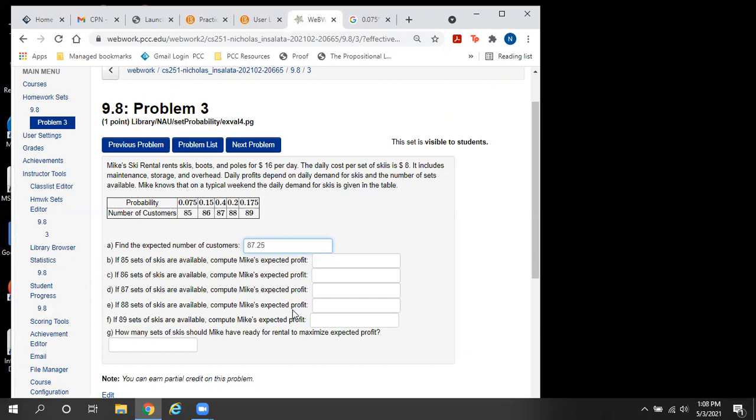But just in English, if Mike has 85 sets of skis available, how many of them are going to get rented? And with what probability? How many customers?